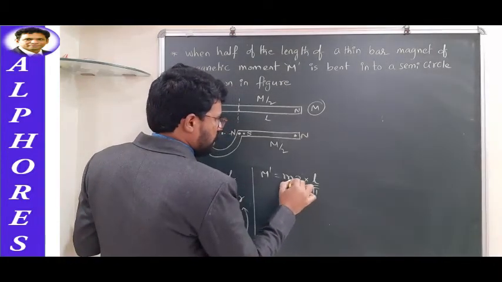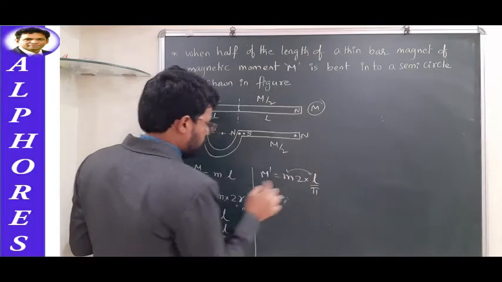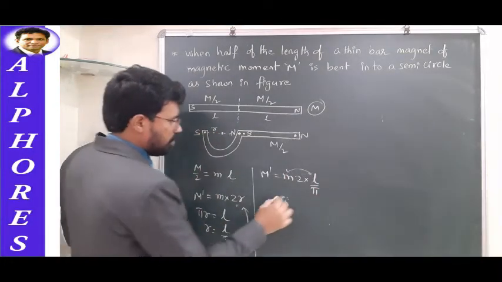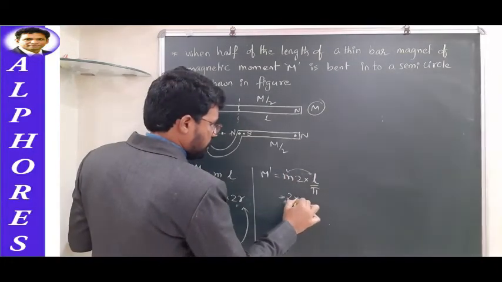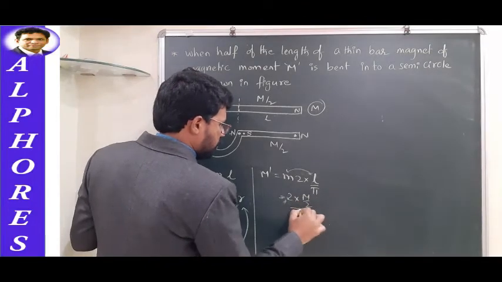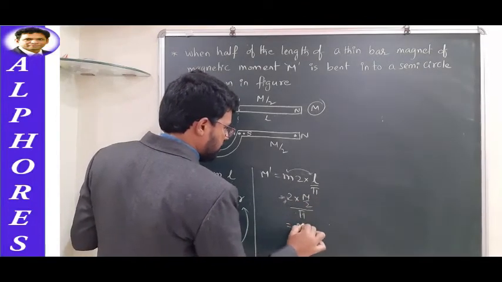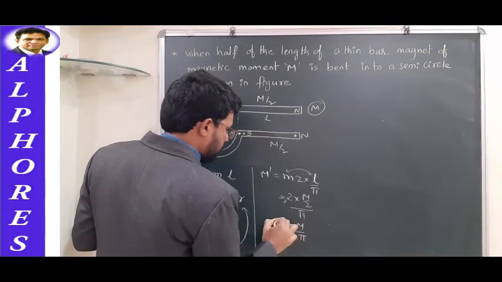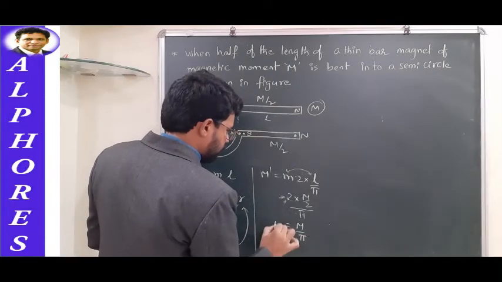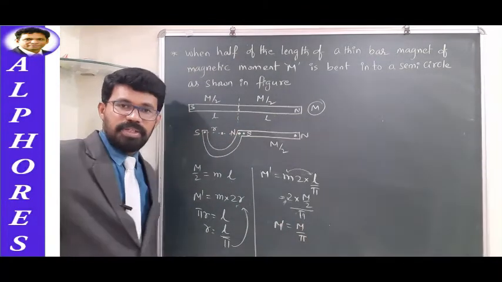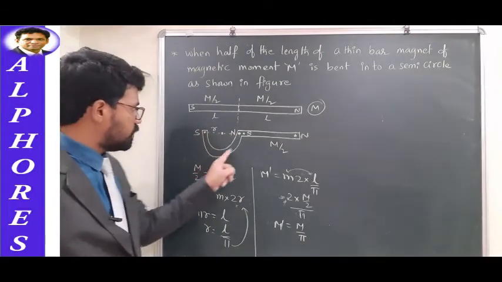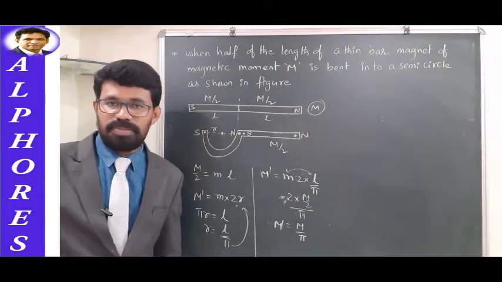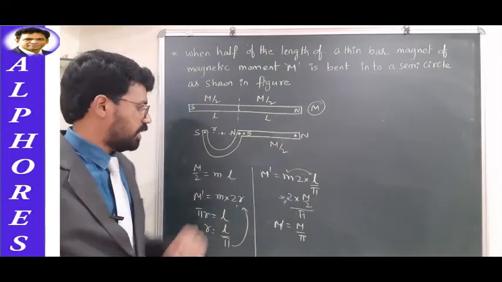M into L is nothing but m by 2. So 2 into m by 2 by pi, the 2 gets cancelled, and you will have m by pi. This is the magnetic moment of this semicircle shaped part of the magnet.